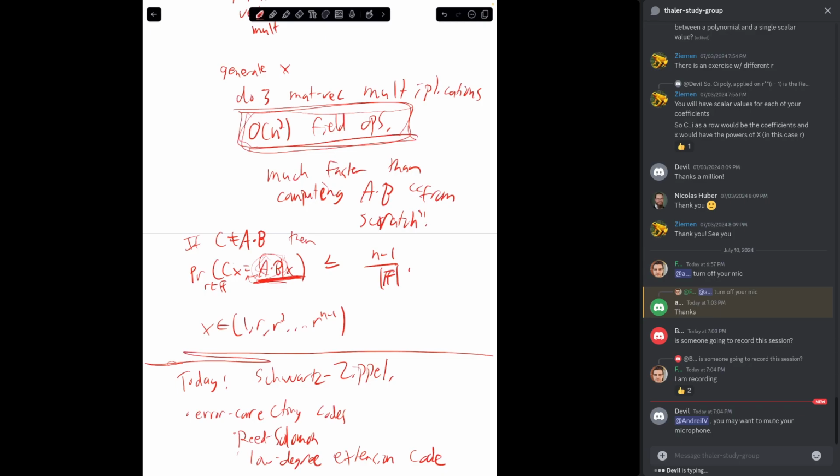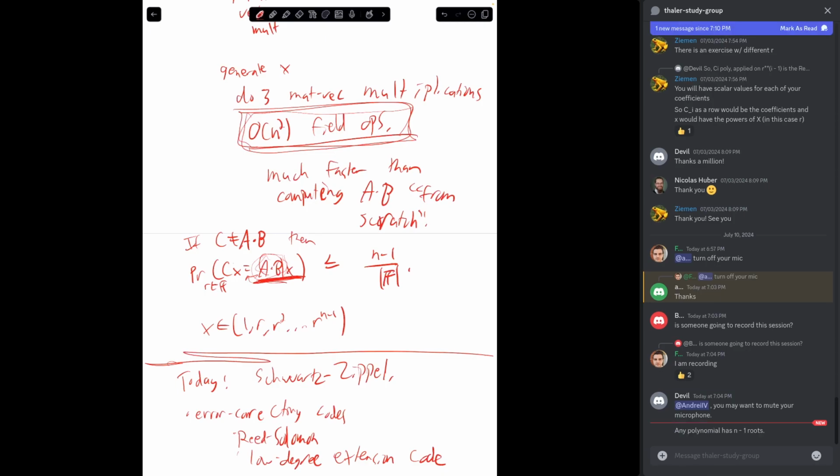So it's checking if these two matrices are equal on any basis. So is the n-1 just the n-1 vectors? Two matrices can be equal at most at n-1 free vectors. Is it correct? Yeah, that sounds right.